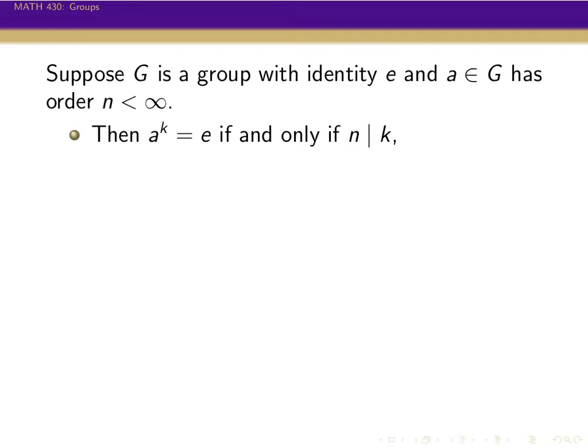So k is a multiple of n. We get a applied to itself i times is the same as a applied to itself j times if and only if i is congruent to j mod n, where n is the order of a.